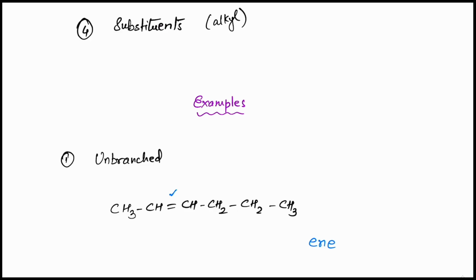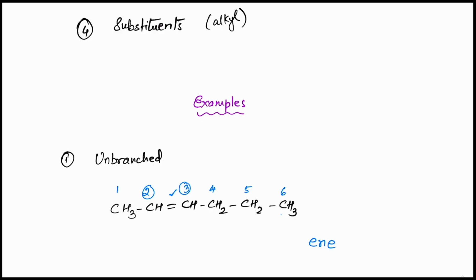Now let's find out the parent chain. If you number from left to right, you will see that the carbon-carbon double bond is present between carbon atom 2 and carbon atom 3, and the length of the parent chain is 6 carbon atoms.